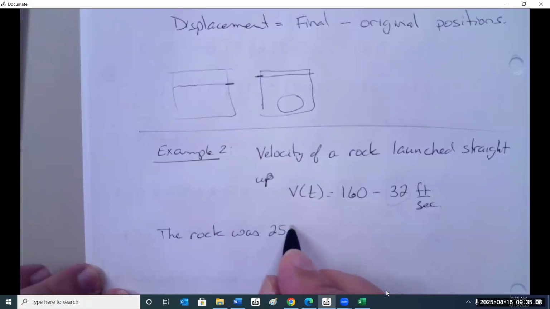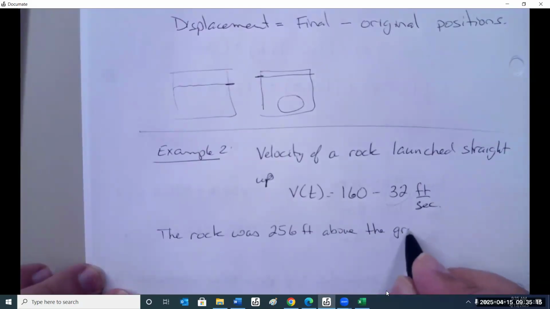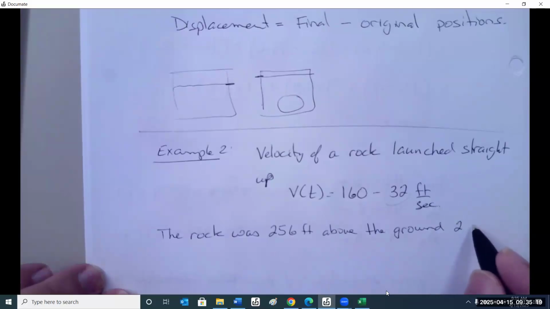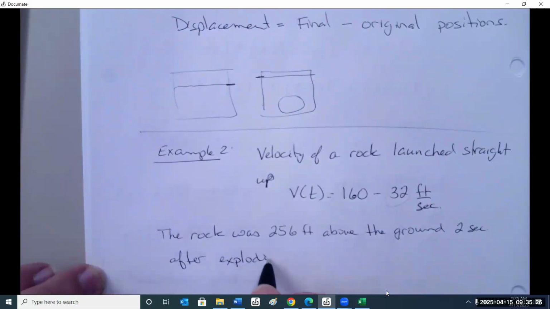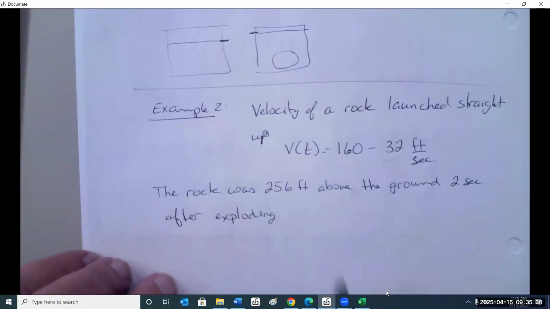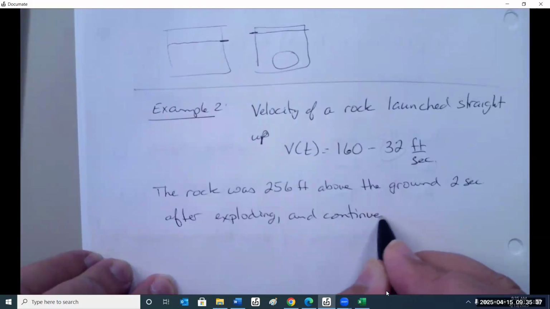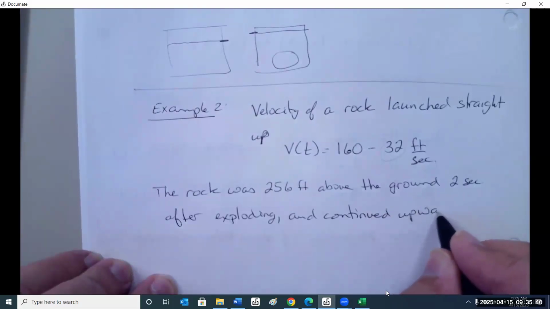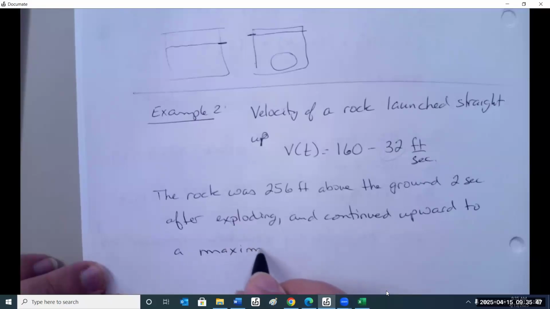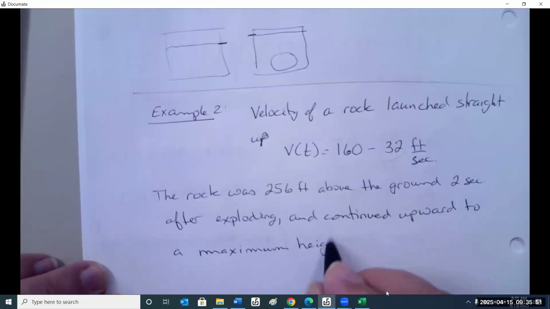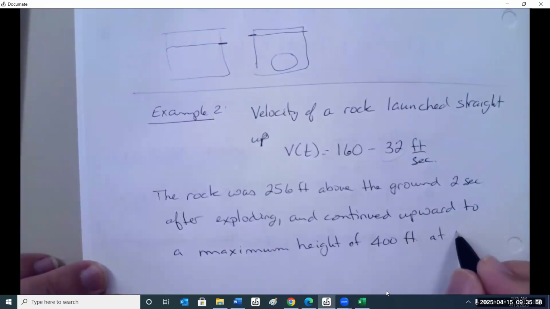The rock was 256 feet above the ground 2 seconds after exploding, and continued upward to a maximum height of 400 feet at 5 seconds.